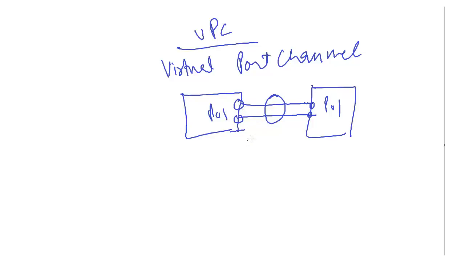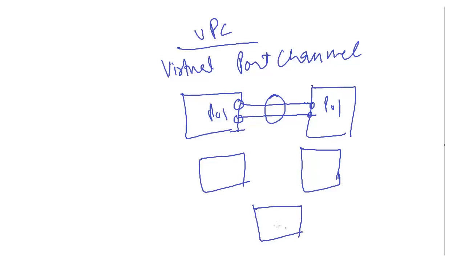But if you have this kind of scenario, let's say that these are the two switches and this is the third switch, can you combine this port and this port virtually? You can't, because there's a rule that the connection from one chassis should go to the other chassis. It cannot split.